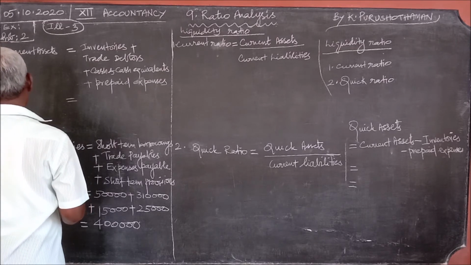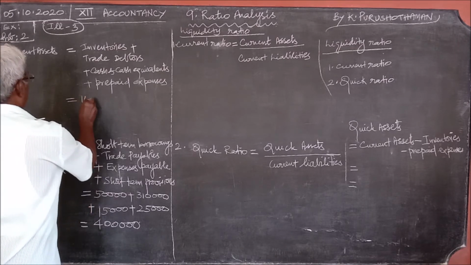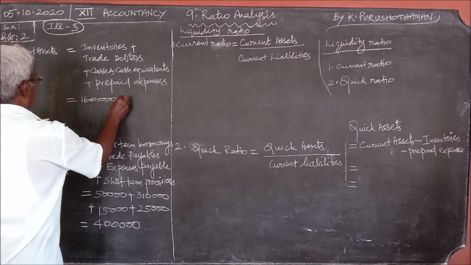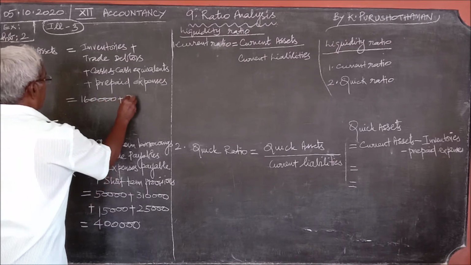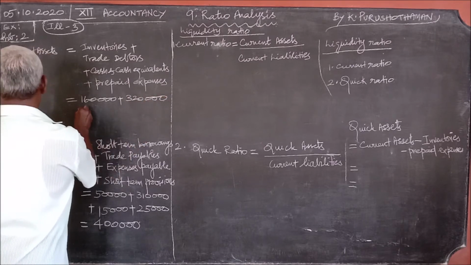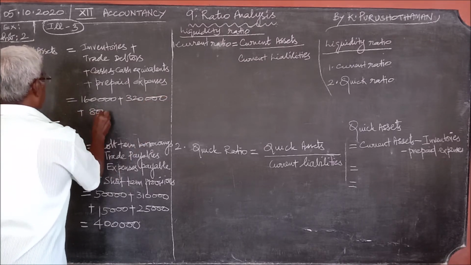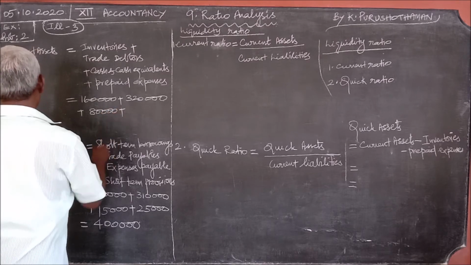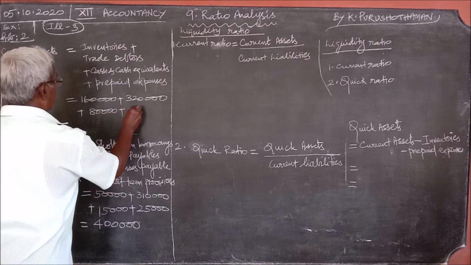Now we can calculate those 4 items. 1,60,000 plus 3,20,000 plus 80,000 plus 40,000.